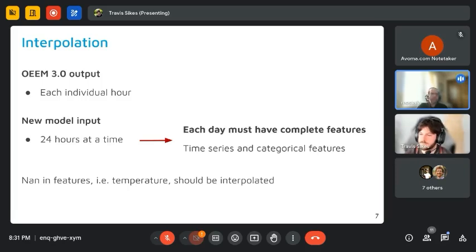For the temperature, my question is, there are possibilities to get the data from another weather station, like a nearby station that may have the temperature available.